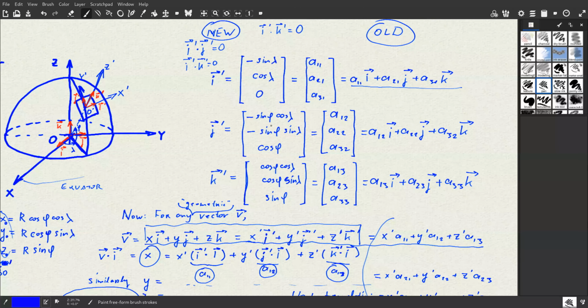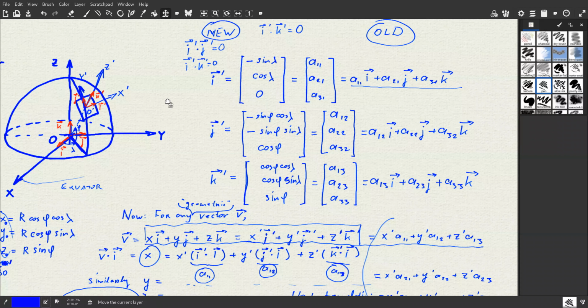And we constructed them as column vectors and denoted them in a standard way. So the first index is the row number, the second index is the column number. Therefore, column 1 corresponds to i prime, column 2 corresponds to j prime, column 3 corresponds to k prime. So we constructed these 3 column vectors.